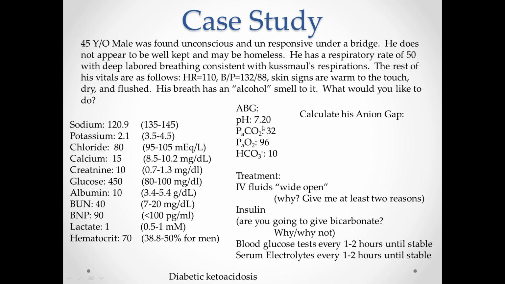If you look at his ABG, his pH is 7.2, that's low. He has a PaCO2 of 32 and a bicarb of 10. If you calculate his anion gap, you notice that he would have an elevated anion gap.